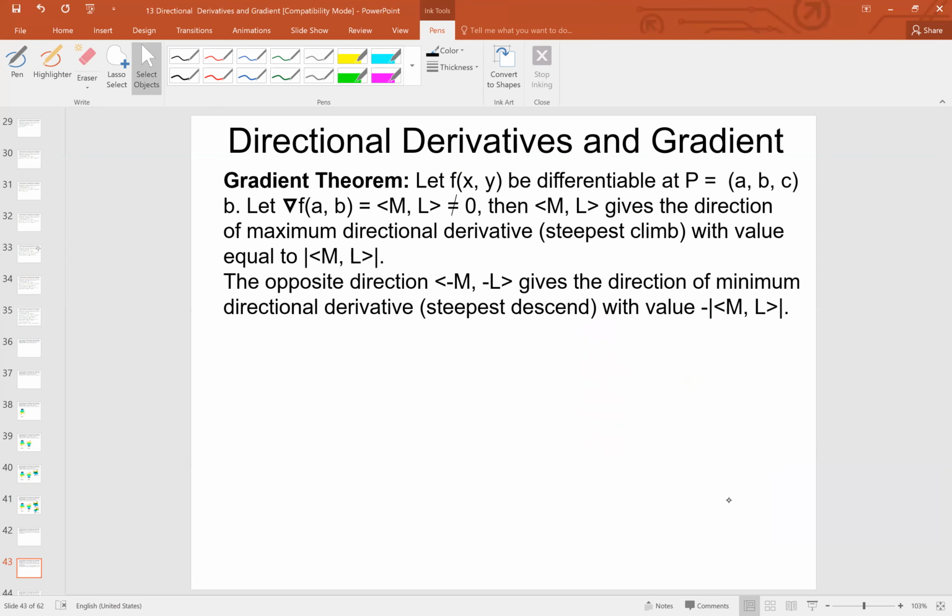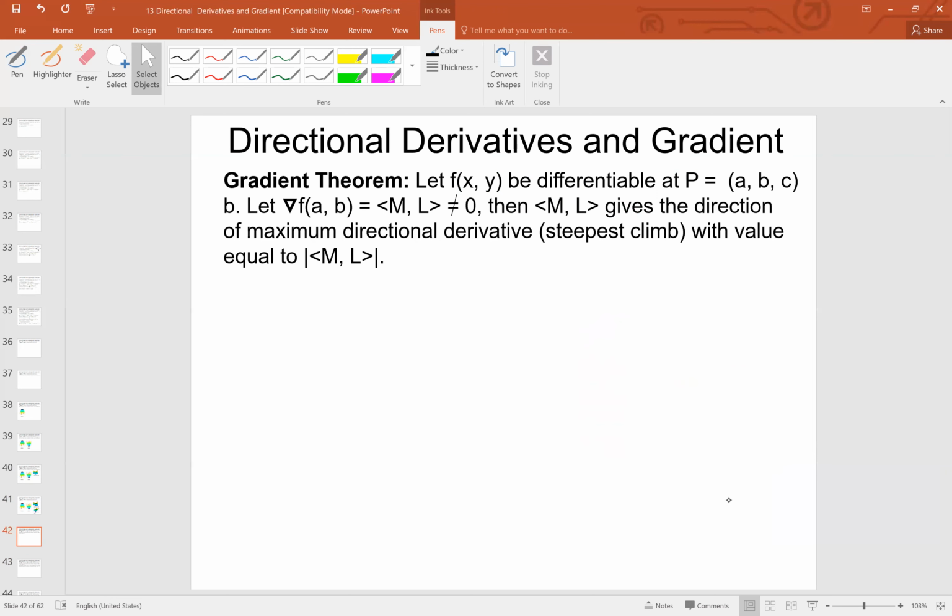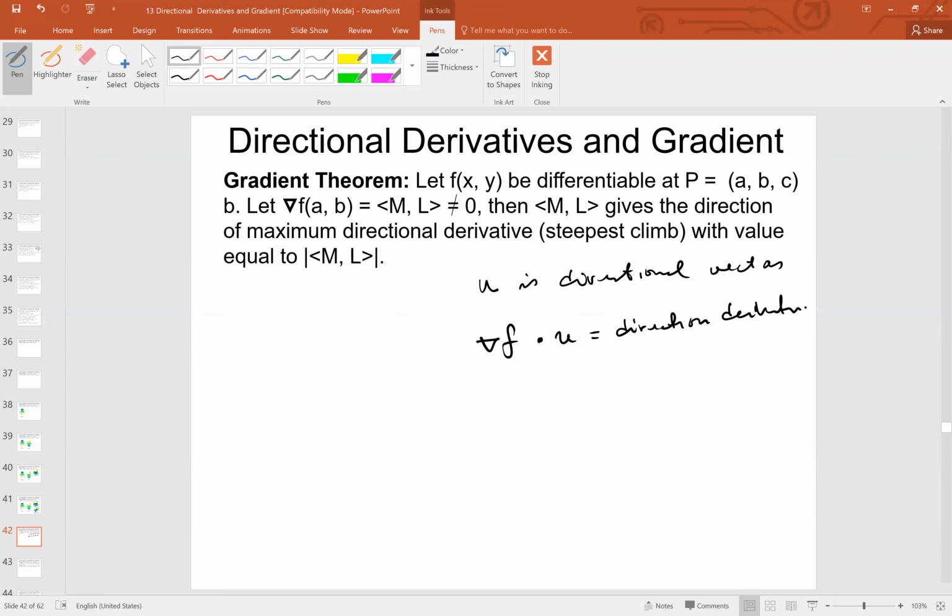The second thing is, suppose u is a directional vector, then del f dot u is equal to the directional derivative, the directional slope, if you like.